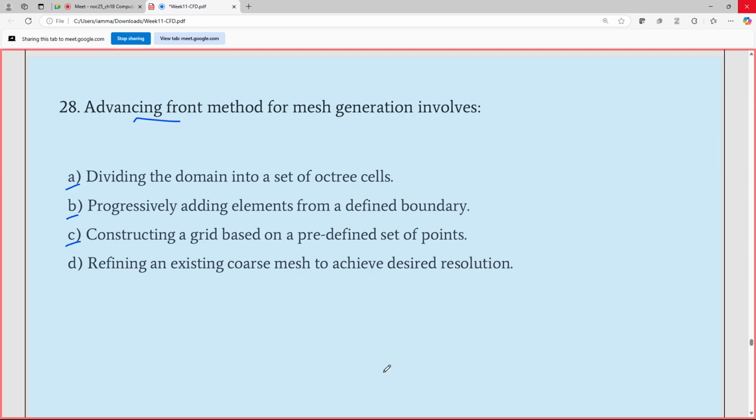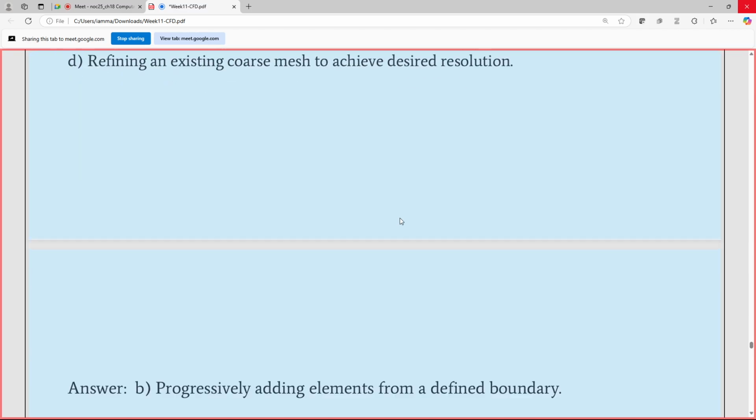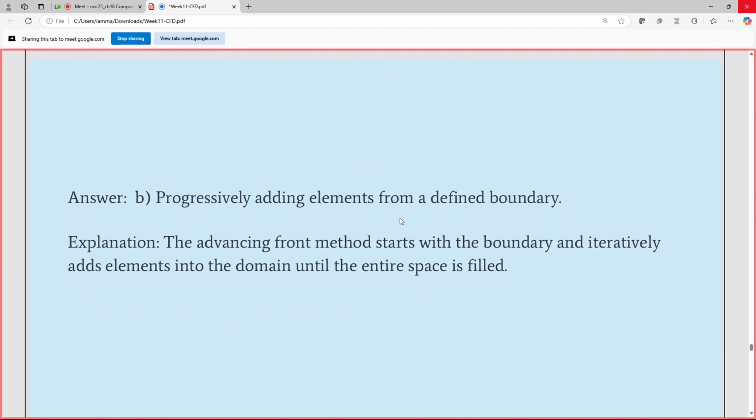Our answer is option B, which we have already discussed in another question also: progressively adding elements from a defined boundary. In the advancing front method, it will divide the boundary by adding points to the boundary, and then it will iteratively add elements into the domain.